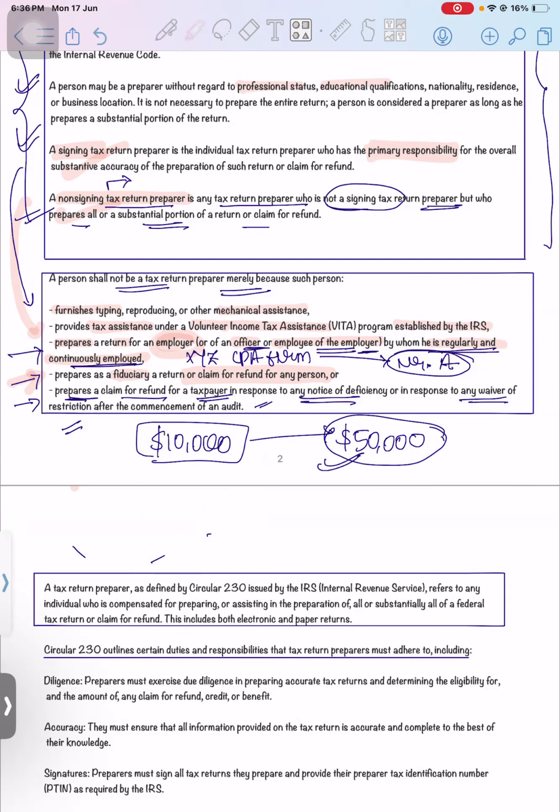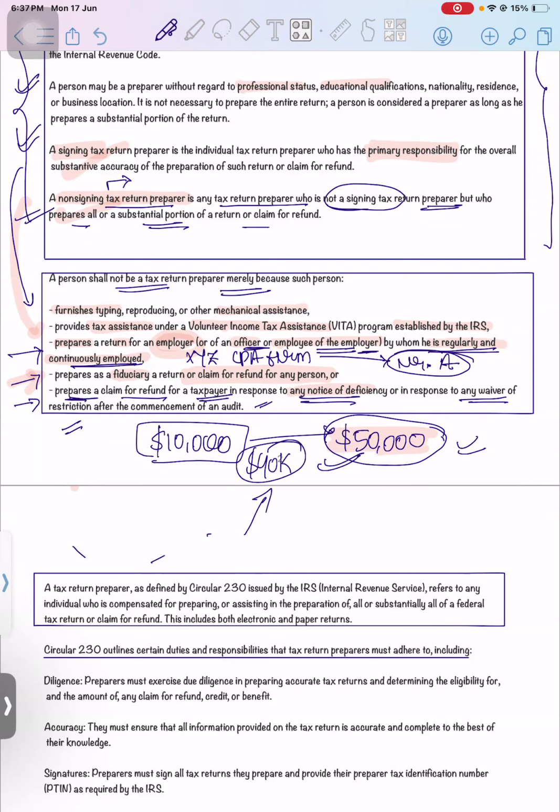So as soon as you receive the notice of deficiency, in response to that, if you have already paid this amount, and now you are claiming a refund, in that case the $40,000 which you're going to claim, you're just filing a claim for refund. That doesn't mean you are a tax preparer. Let's say one of the CPA firms filed the tax return. Based on that, the notice came. Now the client is coming to some other tax preparer, and he's just asking me to draft a notice.